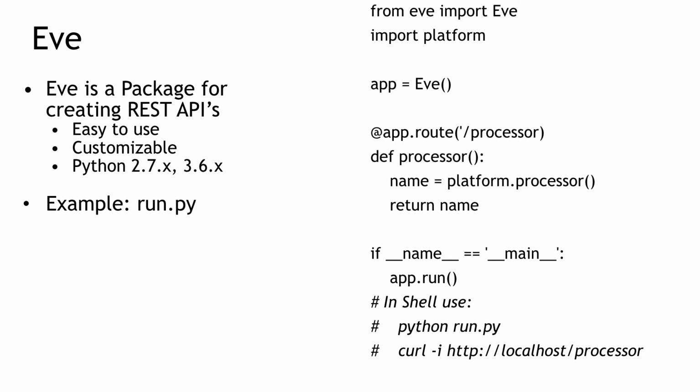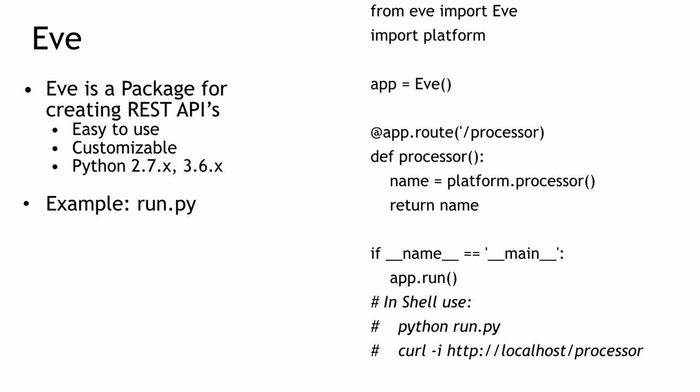So therefore we're importing also from platform, which is a Python package that allows us to query that information. So first we need to be creating an application, Eve, and the configuration information is passed to Eve through a file called settings.py that's hosted in the same directory.